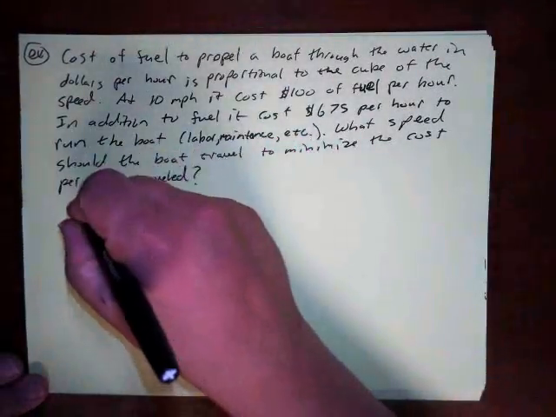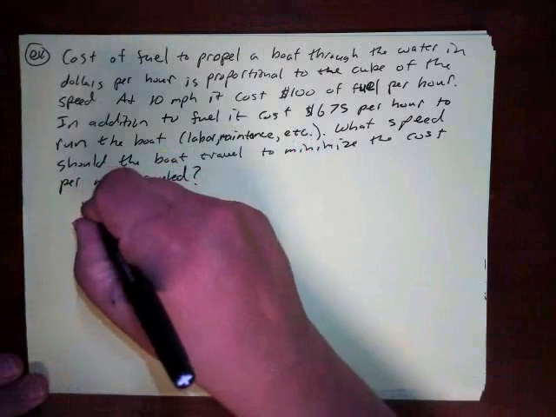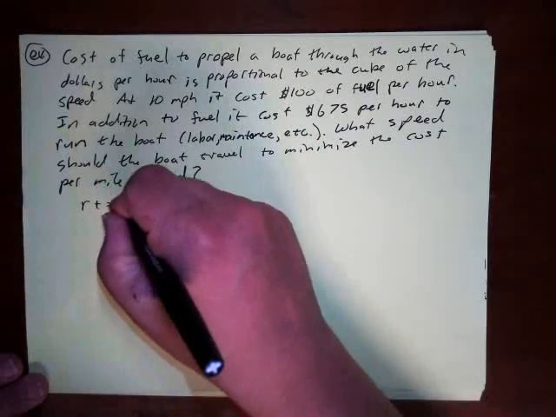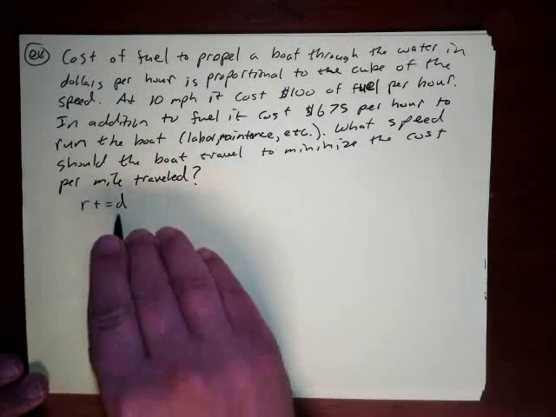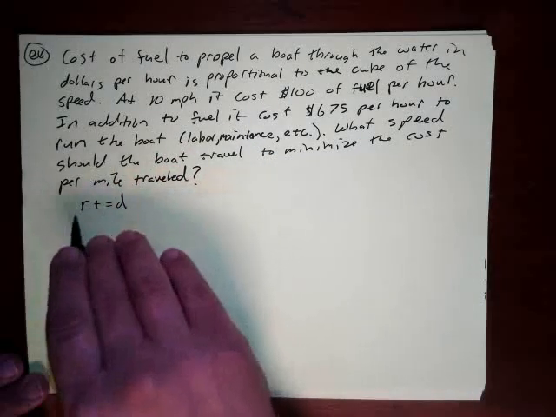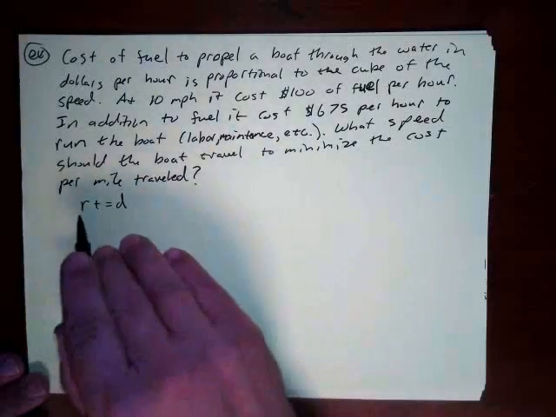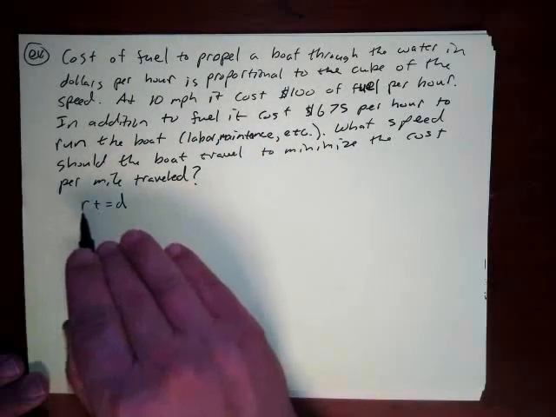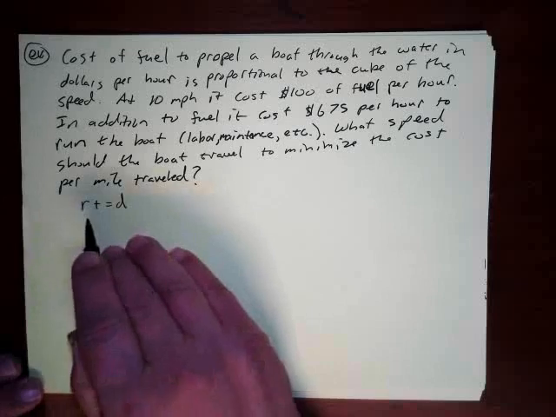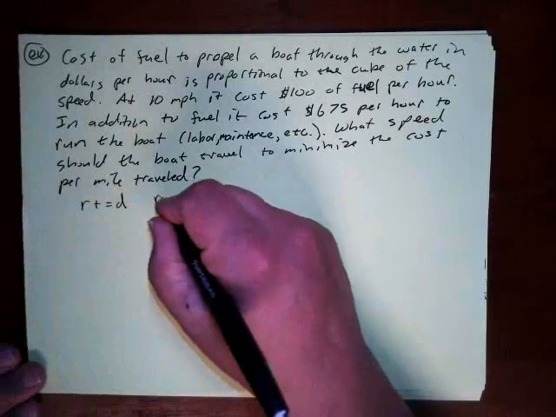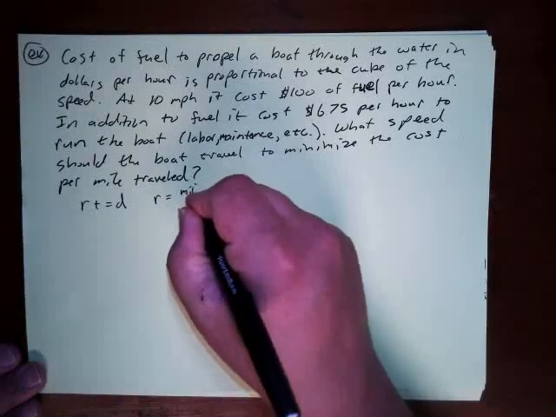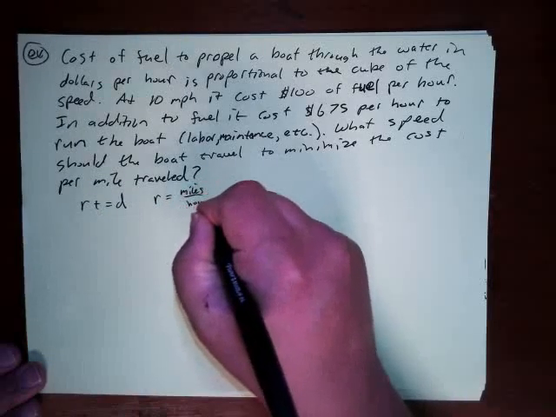I don't know if I'm going to need all these variables, but we do have rate times time is equal to distance, right? So R could be rate, T, time, D, distance. But our equation, we want to know what speed we're going to minimize the boat. So our equation, the final variable is going to be R, and that R here is going to be miles per hour.